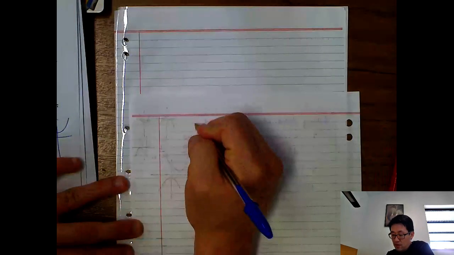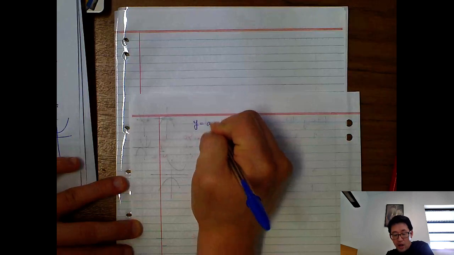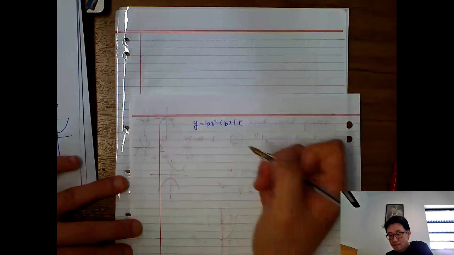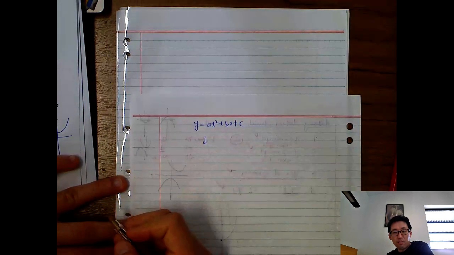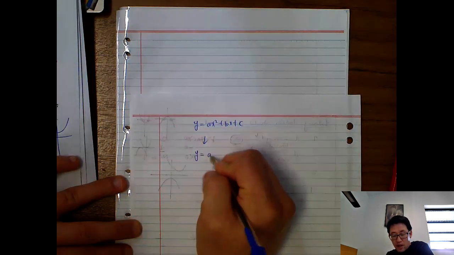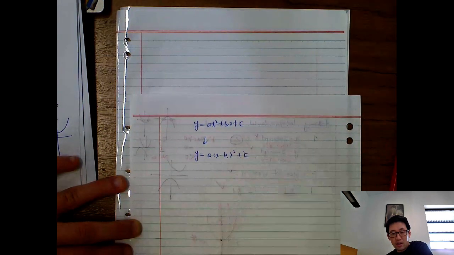For example, if we have y equals ax squared plus bx plus c, all I need to do is make that into completing the square or turning point form, isn't it? Y equals a(x minus h) squared plus k. I can use anything there.